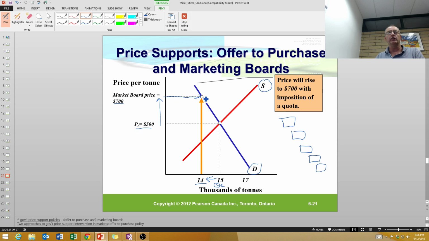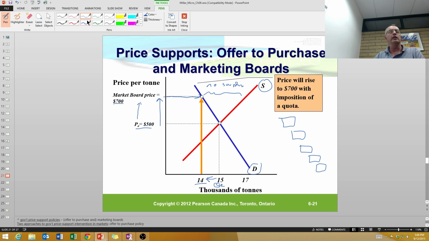But I guess the nice thing about a marketing board is that there's no surplus. So at least consumers don't get double whammied by paying a higher product price and paying more in taxes to buy the surplus. So I guess if there's a virtue behind marketing boards, I suppose that's it.